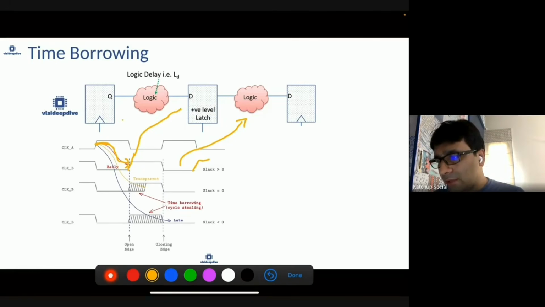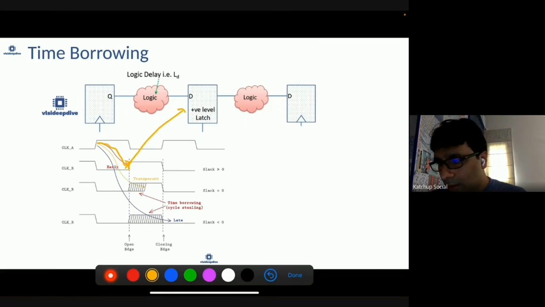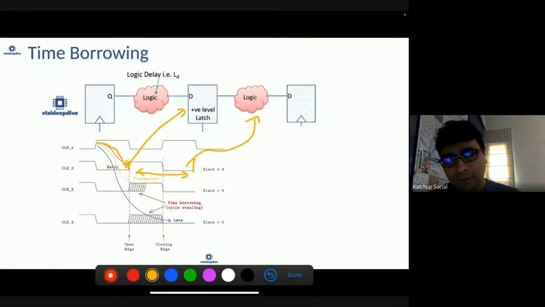So if data arrives earlier, there is no difference between how the flop would have behaved or how latch is behaving. The data is captured here, then the next full clock cycle is given to the next logic.